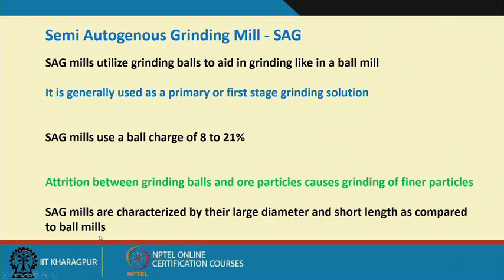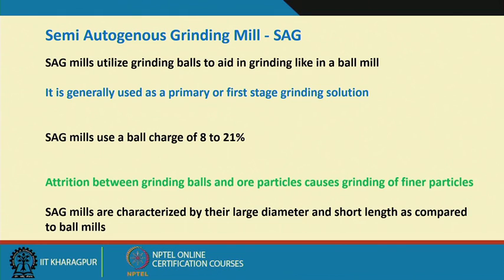And when the mill is of bigger diameter, automatically the capacity of the mill increases, and they are of short length as compared to ball mills. Why short length? Because of the impact and the abrasion, the particles are already broken. So, I do not want the particles to be broken to very fine sizes beyond what is required.